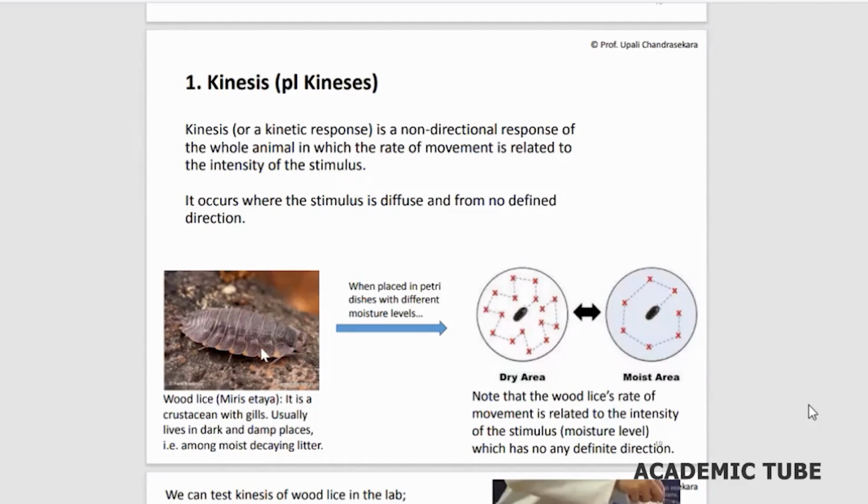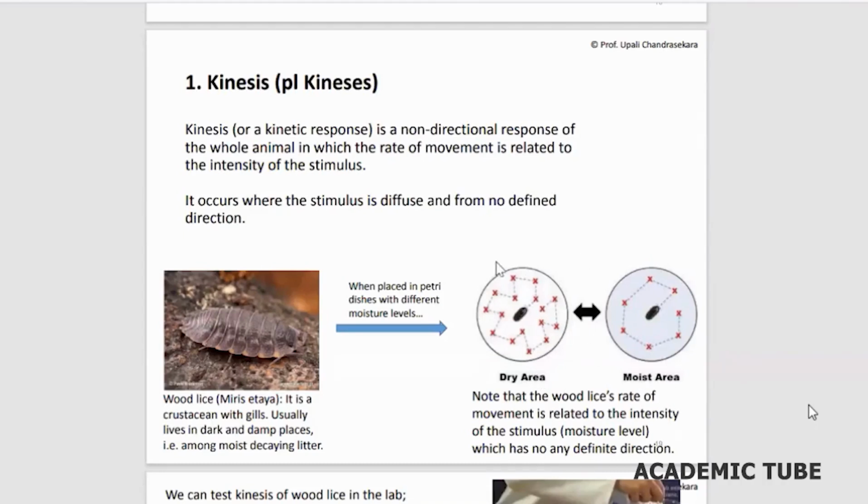Okay. Now this particular one, it's an arthropod, right? It prefers to live in dark and moist, damp places. So what we do now, if we collect a few of them and place them in two petri dishes, one petri dish which is dry and the other petri dish somewhat damp.